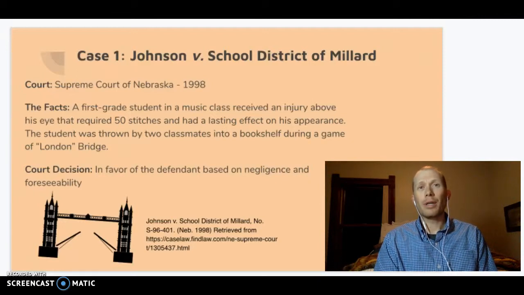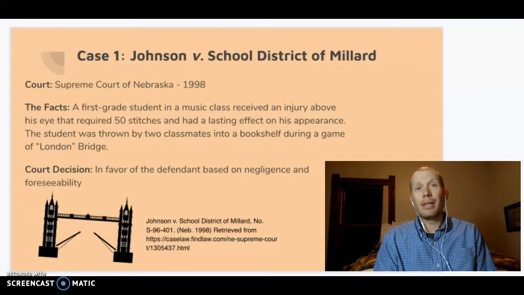The court's ruling in this case was that, first off, it went to a trial court, and then it ended up in the Supreme Court because of an appeal. The court ruled that the teacher was negligent in not supervising students in the early portion of the game, and the kid was the first kid to be swung.